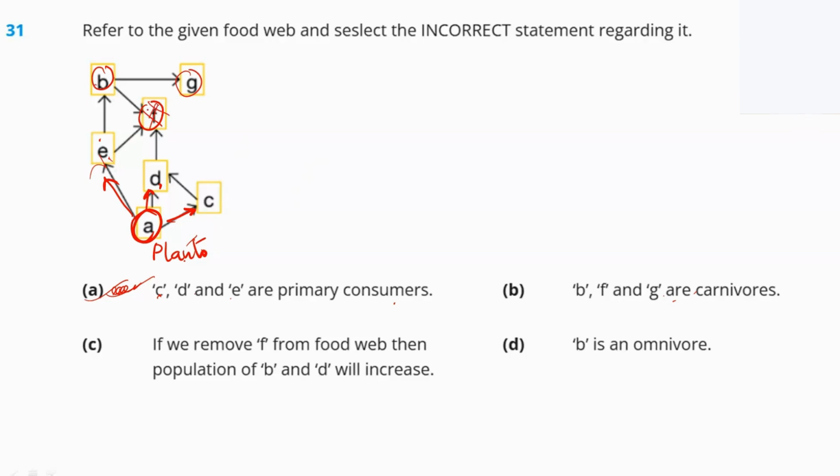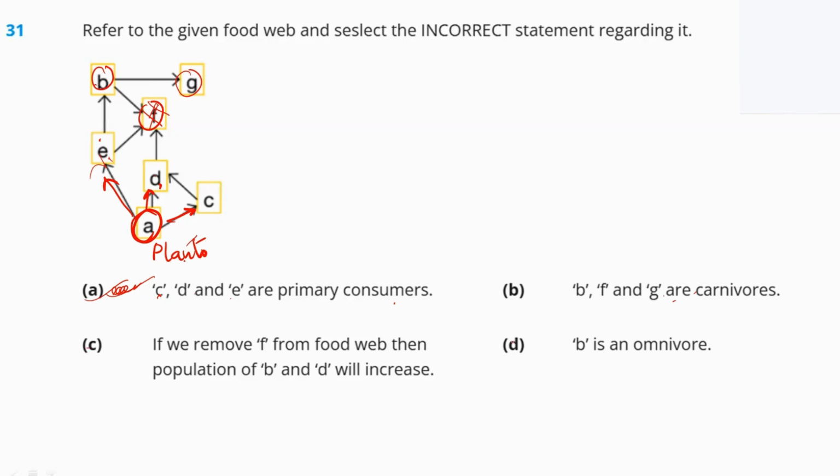So B was being eaten by F and D was also being eaten by F. So definitely, if F is removed from the food chain, the population of B and D organisms will definitely increase, because there will be nobody to eat them, isn't it? So this is also a correct statement.